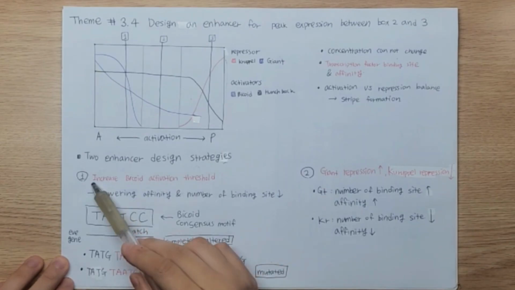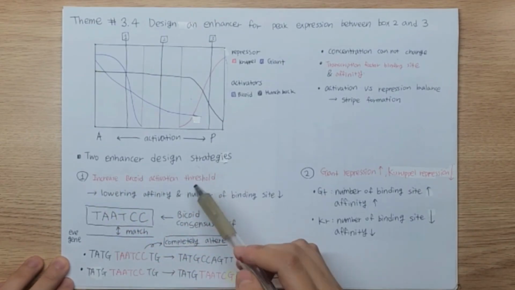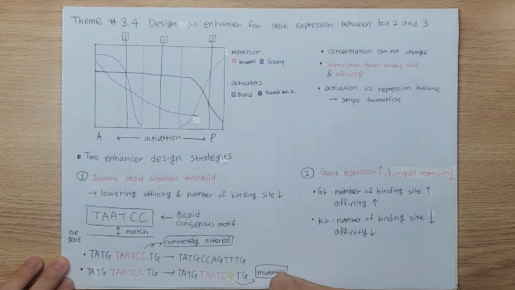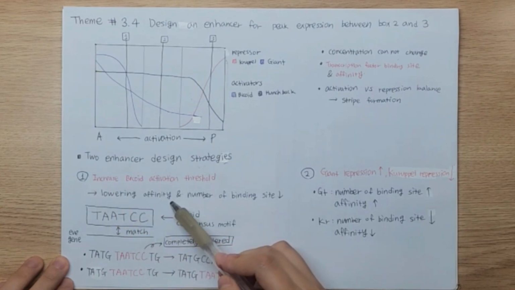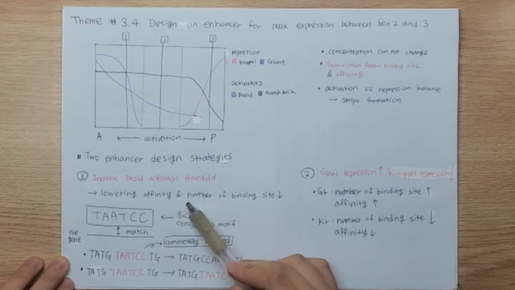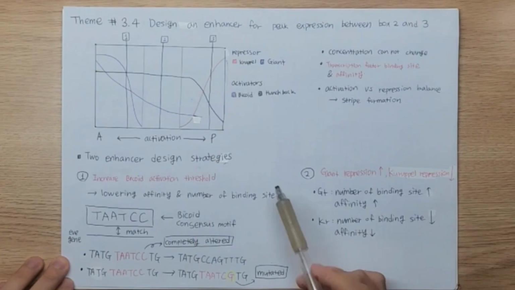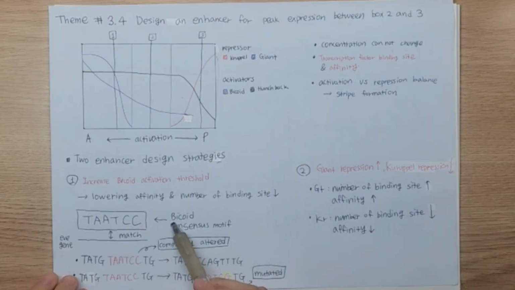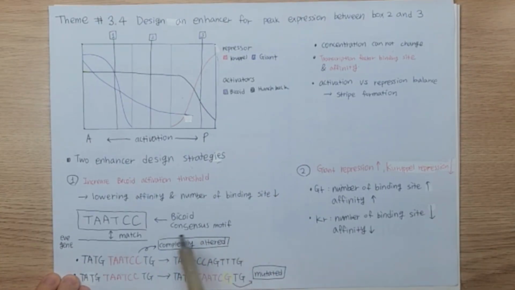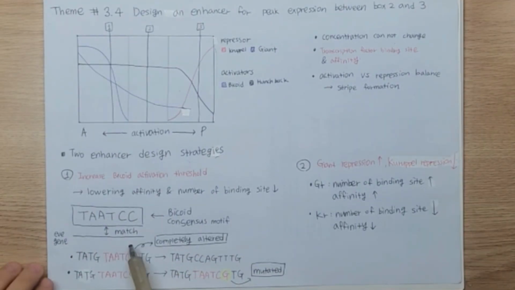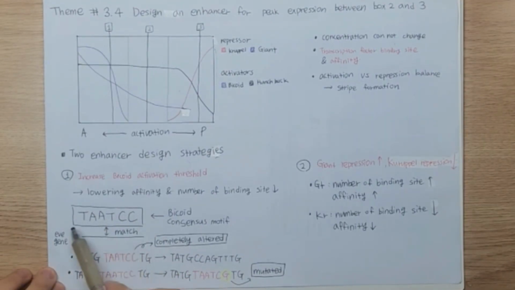The first is to increase the bicoid activation threshold. This can be achieved by lowering the affinity of binding sites and reducing the number of bicoid binding sites. The most frequently occurring bicoid consensus motif is TAATCC, and the more the eve gene sequence matches this motif, the higher the binding affinity.